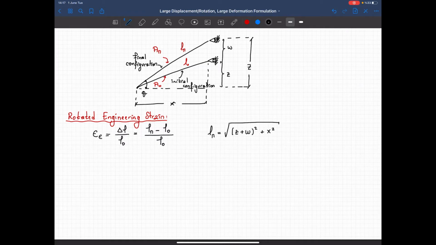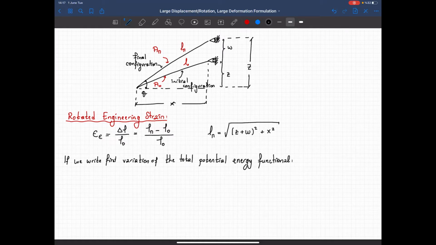Okay. Now, if we write the first variation of the total potential energy functional, I'll have the following.